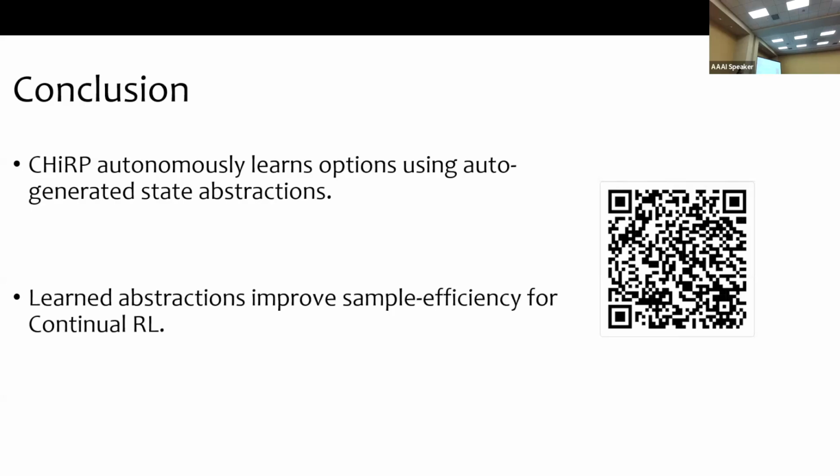But we've also kept the framework general. So if we want to break down the already learned semantically well-defined options, like navigating to this location, then that location, we can also do that.